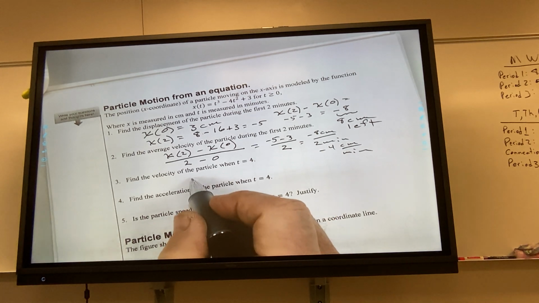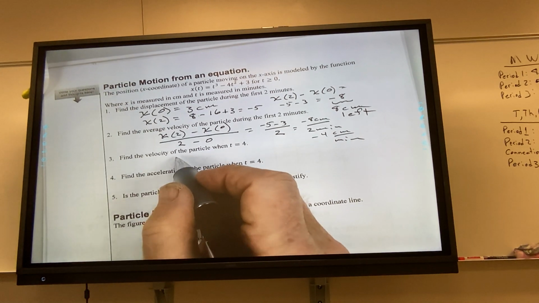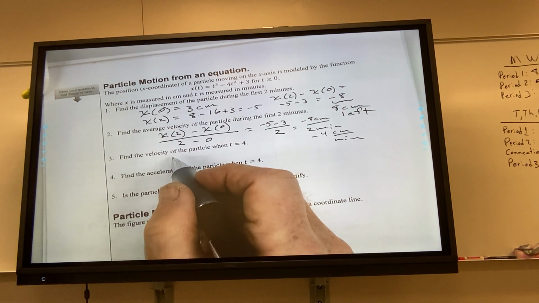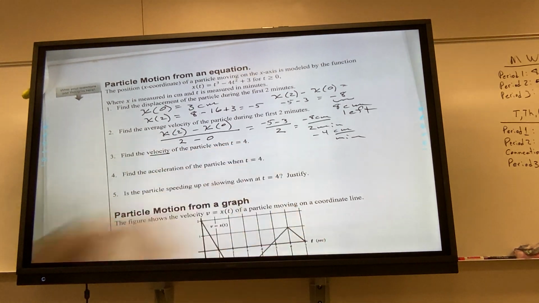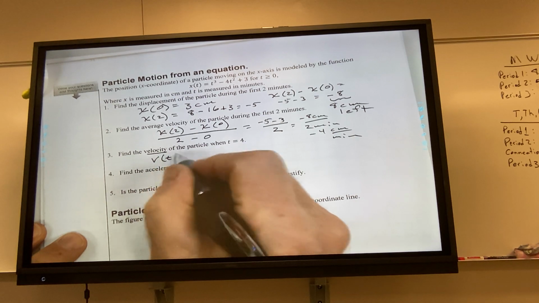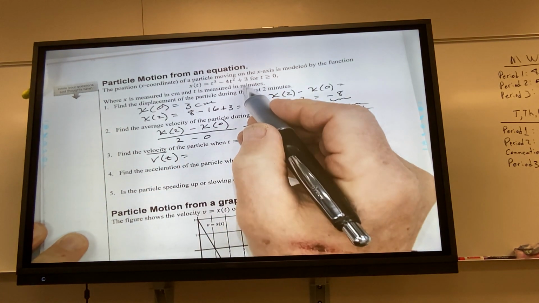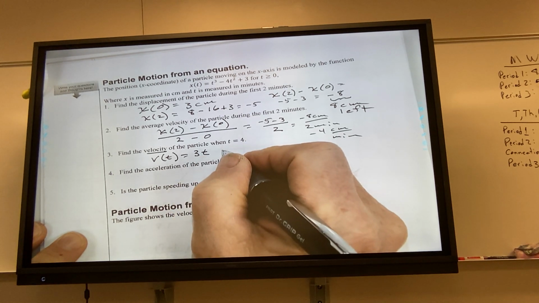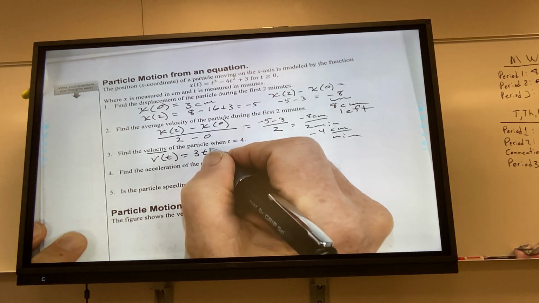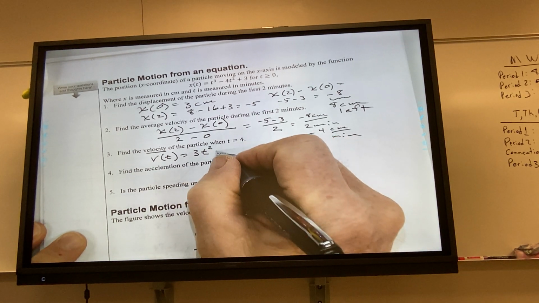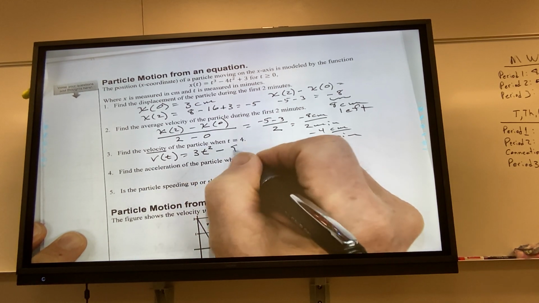What's the velocity at t equals 4? What do I have to do to figure out the velocity? Okay, take the derivative. And what is the derivative of this? 3t squared minus 8t.